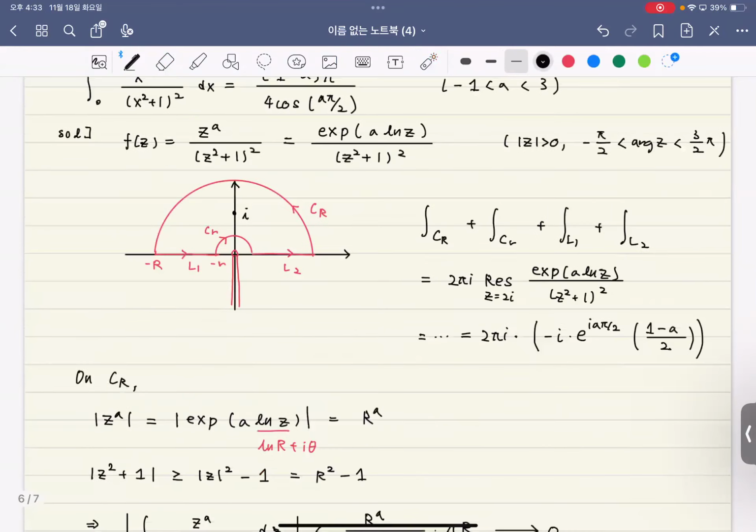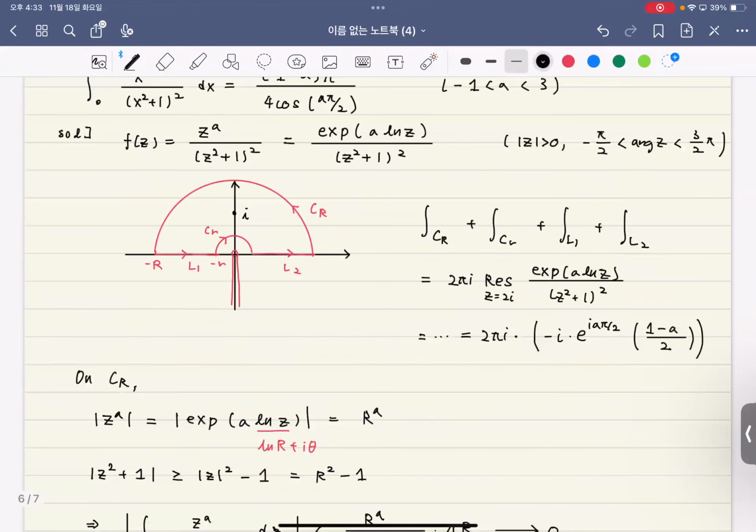So the integral over L1 and L2 is just 1 plus e to the i a pi, times the integral from r to R of x to the a over (x squared plus 1) squared dx.